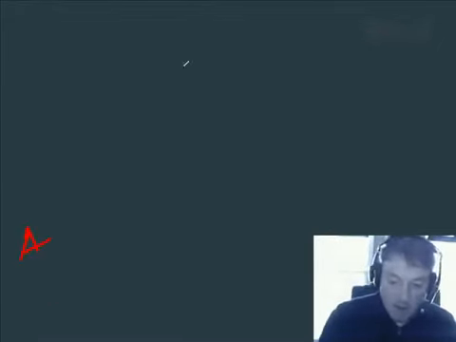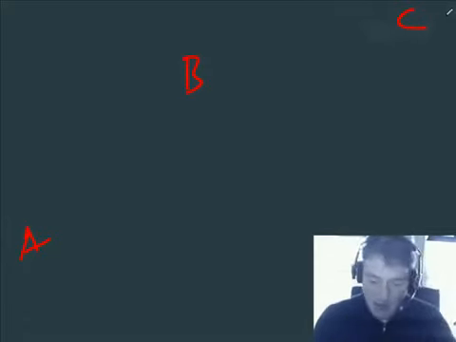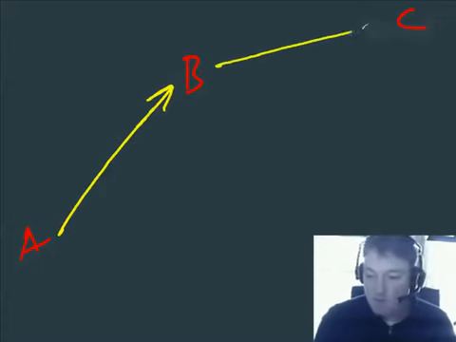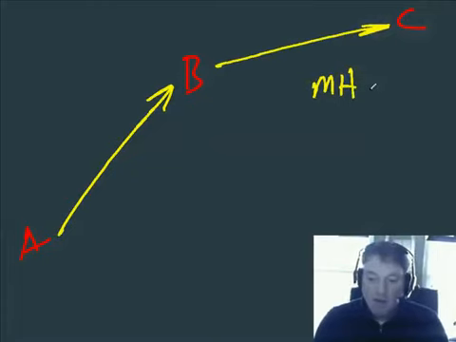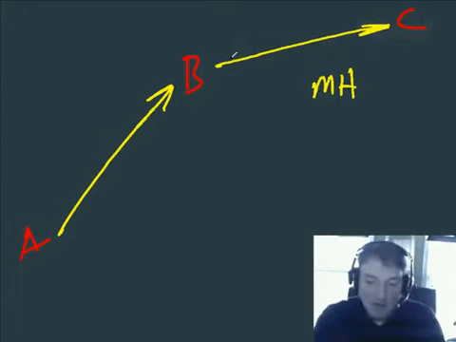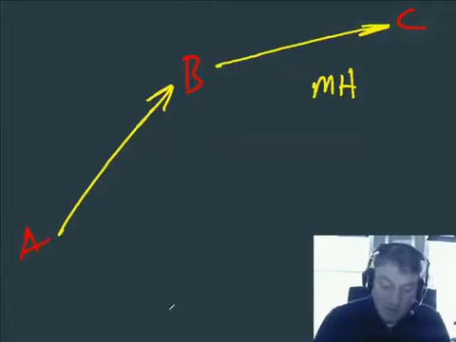We have A to B, and then C is an extreme of B, okay? This is a linear move, and then this is what we'll call our moving hold. You'll notice that C is an extreme of B, so a moving hold is what I call a kind of ease, because this is what an ease looks like in your graph editor. You just have nice curves, right?